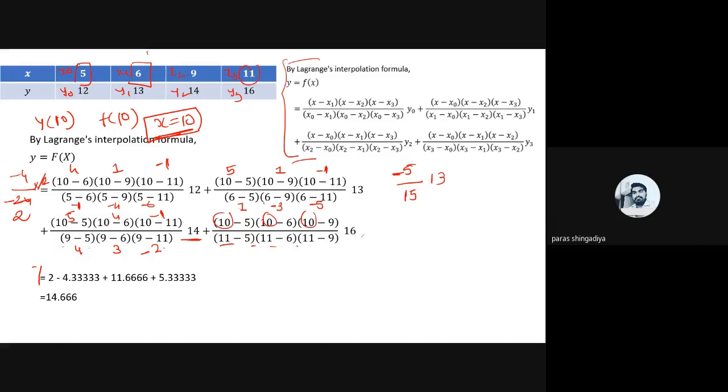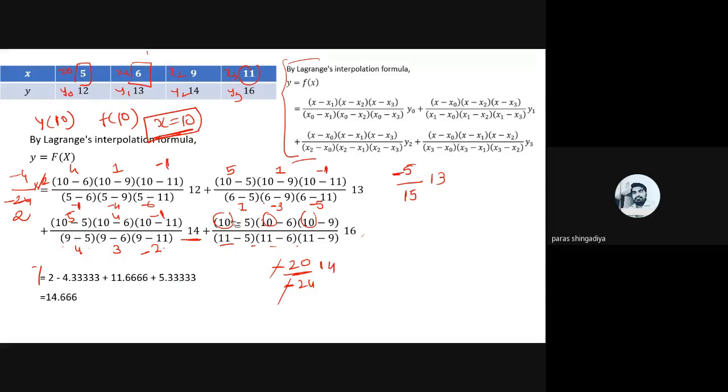So the product of the numerator is 5 into 4 into -1, that is -20, the denominator is 4 into 3 into -2, so that will be -24, clear, into the 14. Both have negative signs, so they cancel, 20/24 into 14, and that is equal to 11.666 and so on, okay, so it is a positive answer.